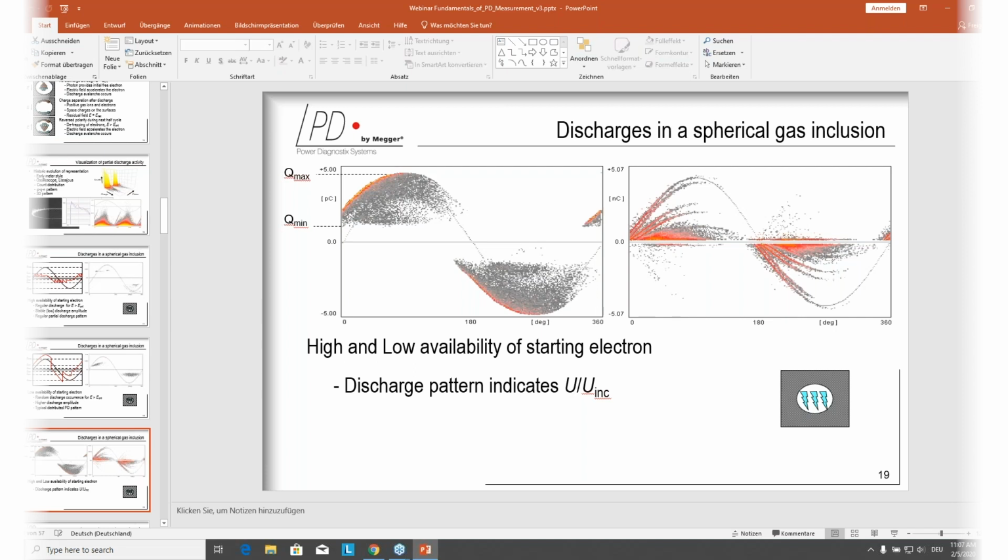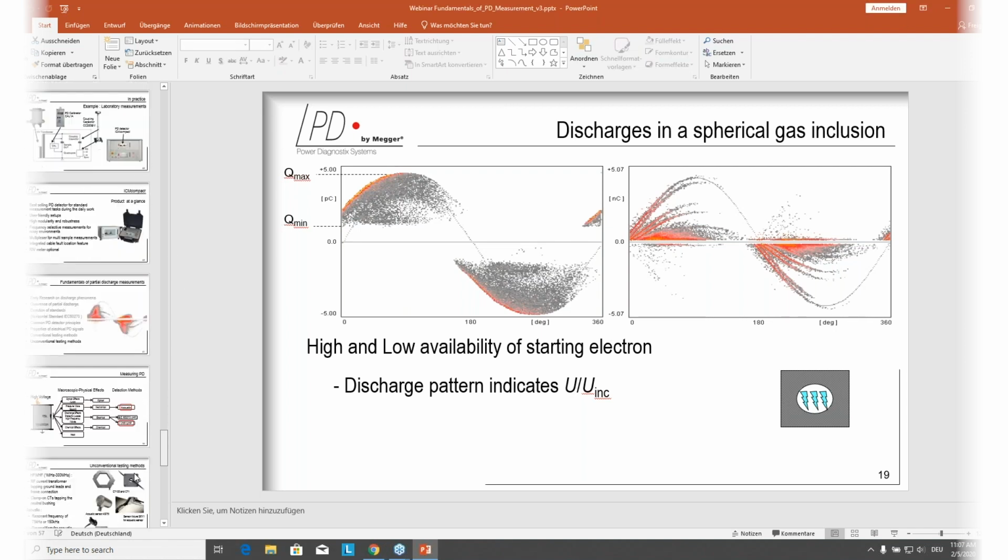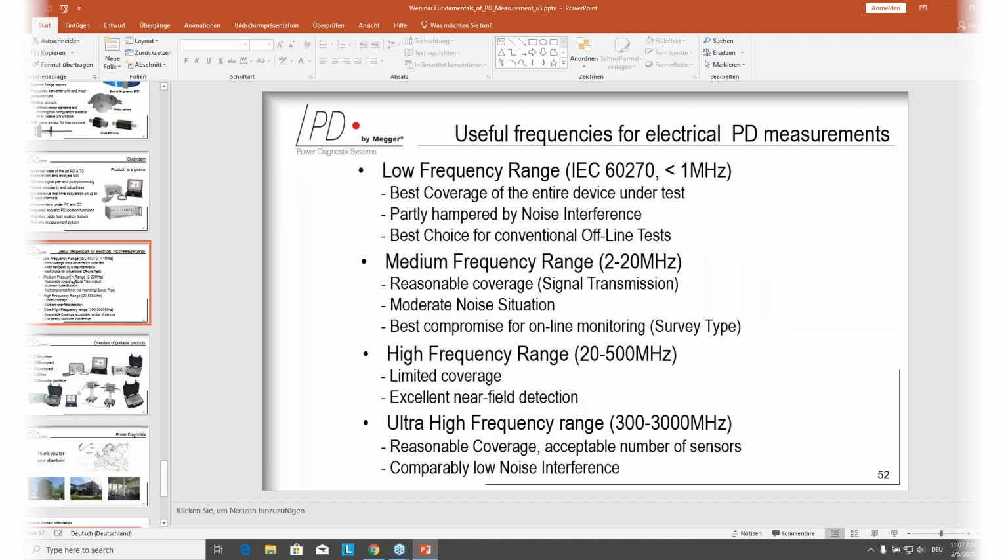The final question of today, on slide 52: we mentioned that the UHF frequency range is mentioned as giving reasonable coverage, while due to the ultra high frequency range, the coverage should be very limited. That's what the author of this question is writing.